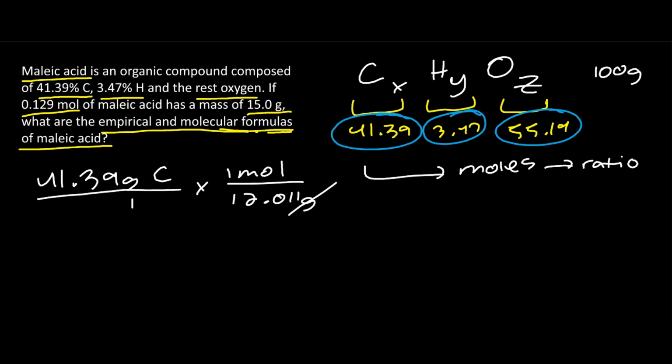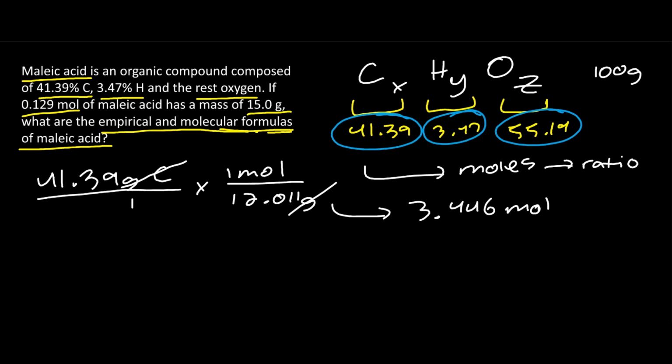These grams will cancel out, and that gets us 41.39 divided by 12.011. We're going to be taking 4 sig figs, so we'll say there are 3.446 moles of carbon in our 100 grams.